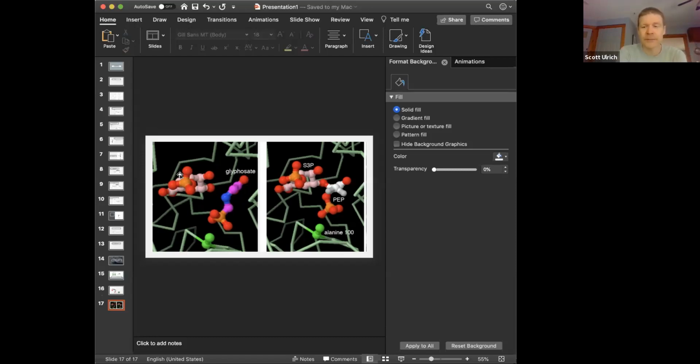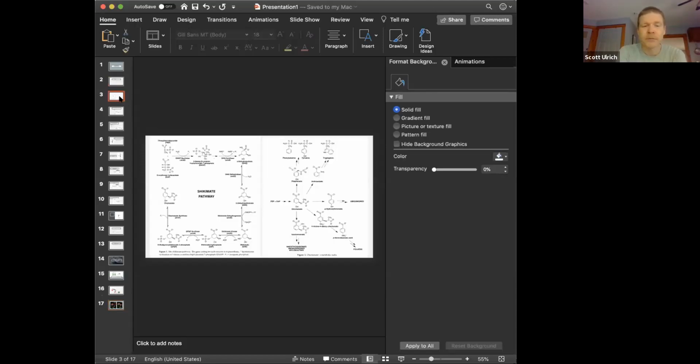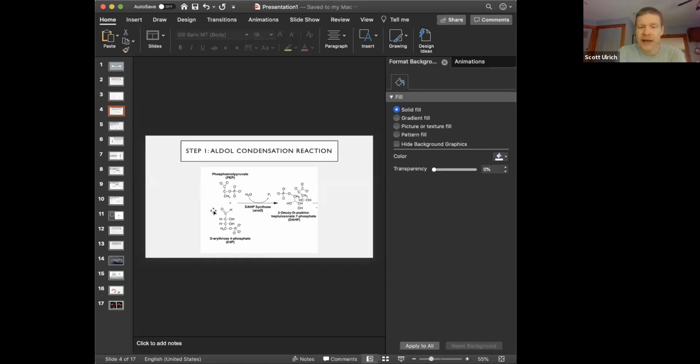Emily, you probably recognize some of these molecules. Lindsey mentioned PEP, which is phosphoenolpyruvate, and that many of the carbons are in the final molecule, chorismate, that gets turned into all the amino acids and so on.